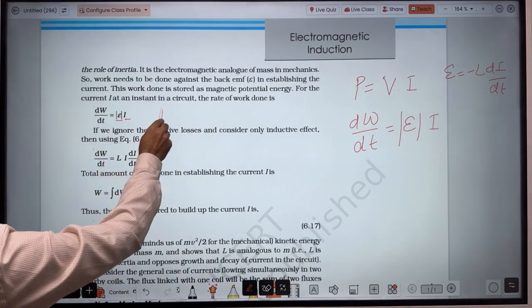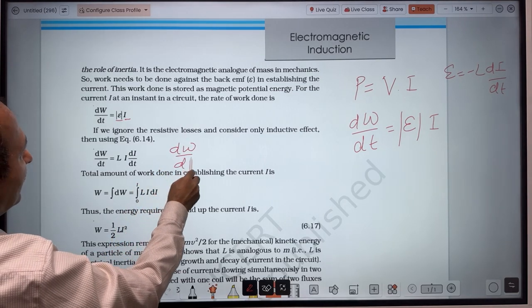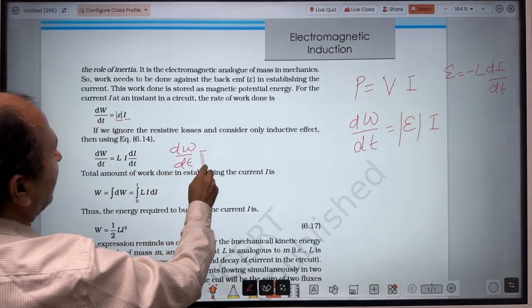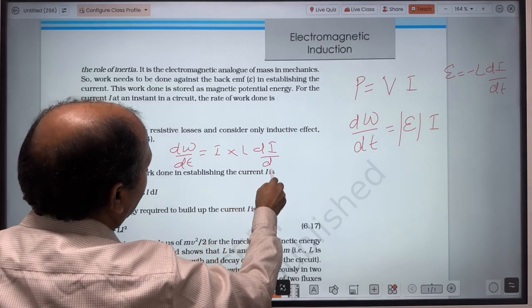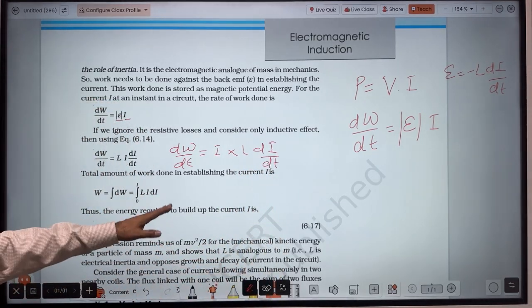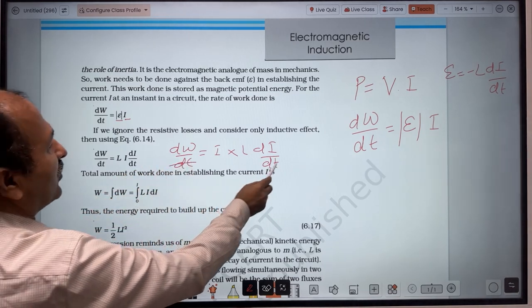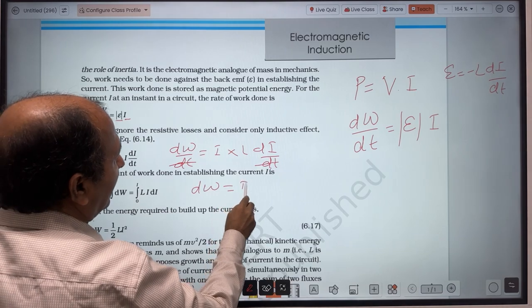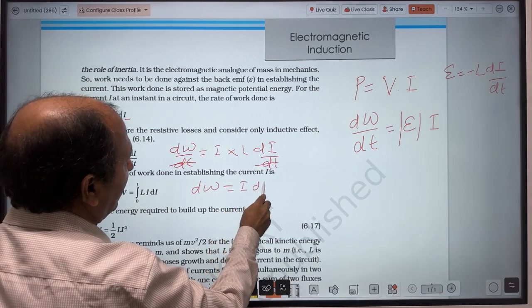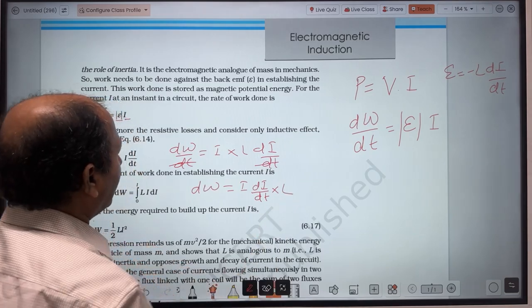So here, if we further write, we will reach dW by dt. In place of E, there is I already, and L di by dt, right? And then we can remove dt from both sides. We will get dW equal to I di times L, right?